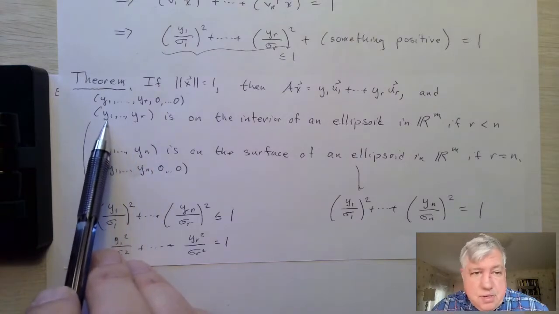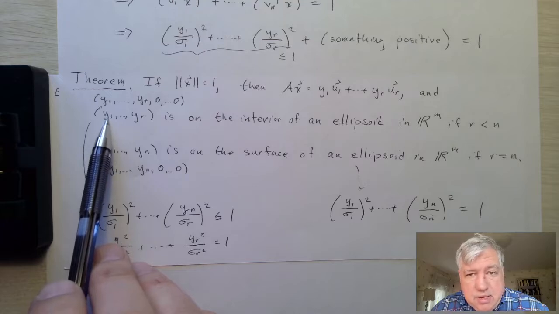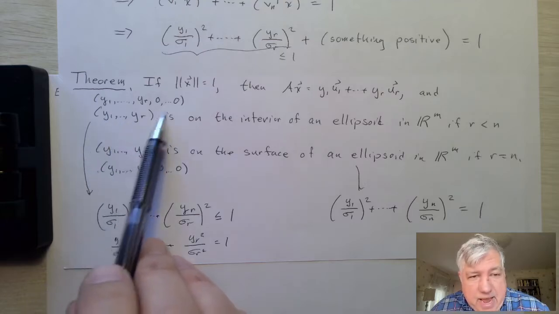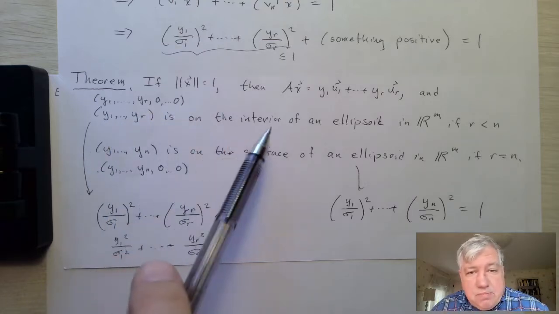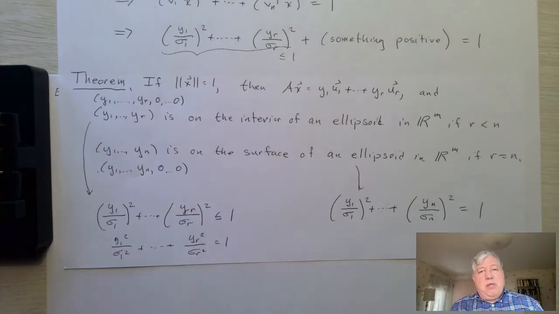Obviously, what we're saying is this is not in R^m. We might have to add a few zeros here, and then it will be either in the interior or on the surface of an ellipsoid in R^m.